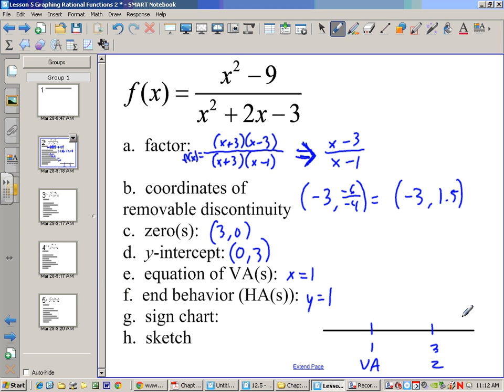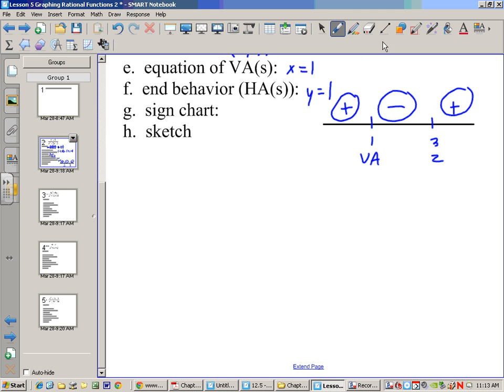If I pick a number greater than 3, say 4, 4 minus 3 is positive, 4 minus 1 is positive, so positive over positive is positive. If I pick a 2, which is in between these two values, 2 minus 3 is negative, 2 minus 1 is positive, a negative over a positive would be negative. However, if I pick 0, we've already done that. If I put in 0 for x, we get a positive 3 out for y. So now we have our sign chart positive, negative, positive.